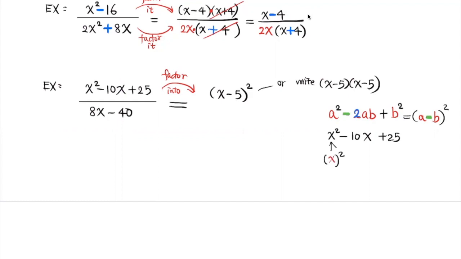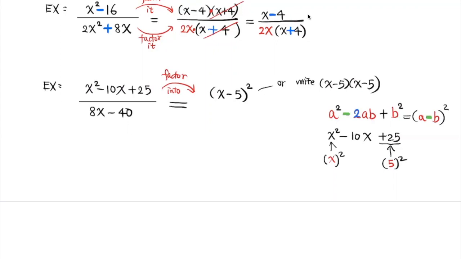And then I recognize that the last term over here is the square of 5. And then let's check the middle. If we use 2 times the base for this and the base for this, do we get back to this?